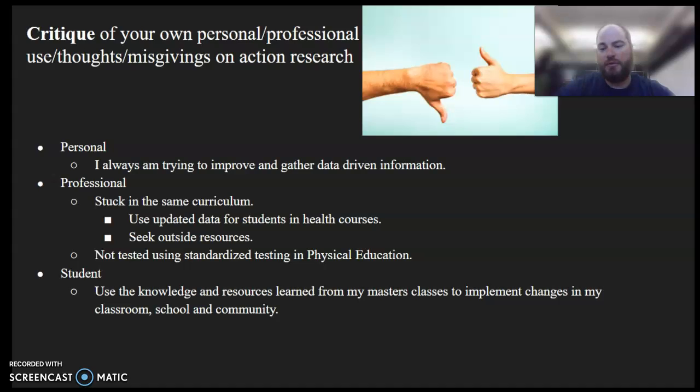And we're not really seeing the testing right now in physical education here, and so we are, as a school, looking at ways that we can figure out some different testing to go towards some of these elective classes. And so I want to use my master's classes to help implement change throughout the classroom, throughout our school, and throughout our community, especially in the online platforms that we have.